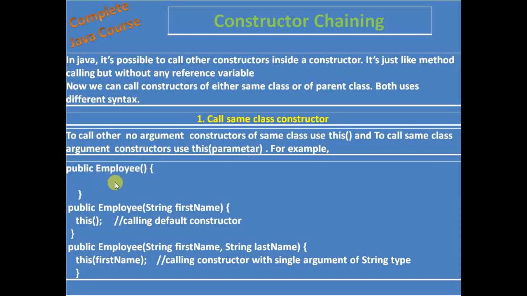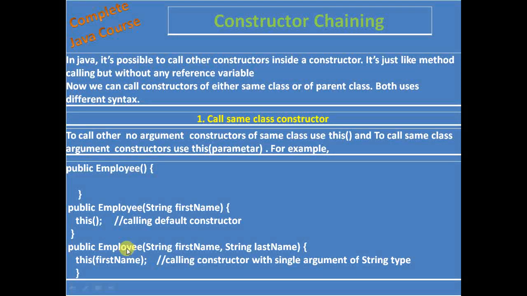parameter. For example, we have an Employee class and we create a parameterized constructor, public Employee(String firstName). So this is a parameterized constructor. But in this parameterized constructor, if we want to call the default constructor, then we write this and parentheses. If there is any default constructor, like this one, it will be called here.